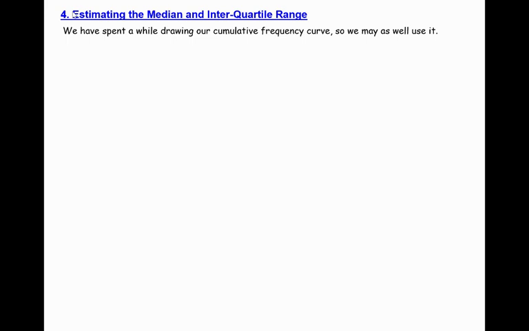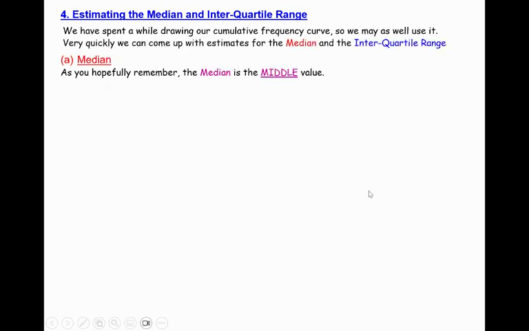And another reason would be if you draw the cumulative frequency graph by hand, the values are never going to be accurate in the first place. So an estimation would be the most ideal way of getting these numbers as well. All right, I'm going to show you how to do it.